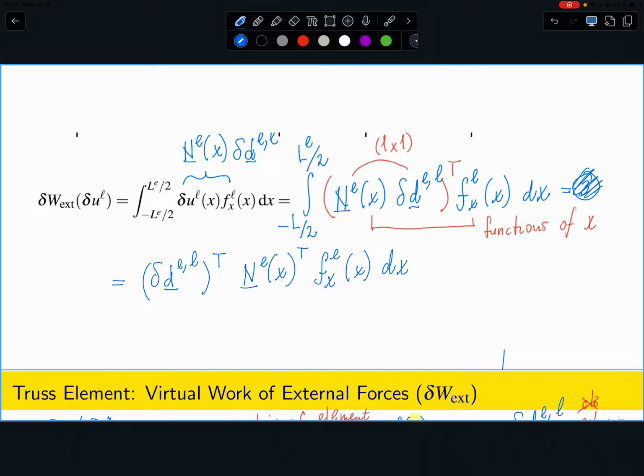And I also separate by this operation the object which I do not like, that virtual displacement, from the things which I know. Okay? And now it turns out that if you do this multiplication, if you do this integration, because of this transposition, you will eventually compute this integral somehow.